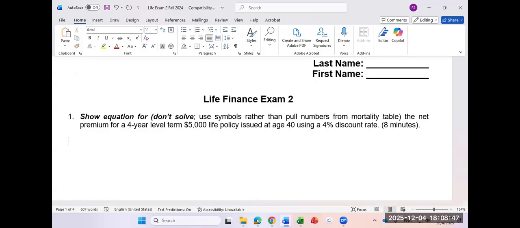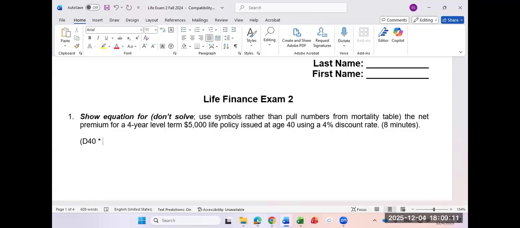It's a 4-year level term. So how many D's are there going to be in the numerator? Not a trick question. Be 4. How many L's in the numerator? 4. All right. So what's your first D going to be? D40. And you don't have to go to the table. You just type D40.